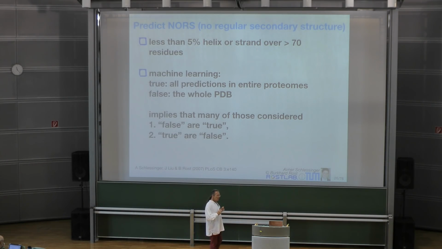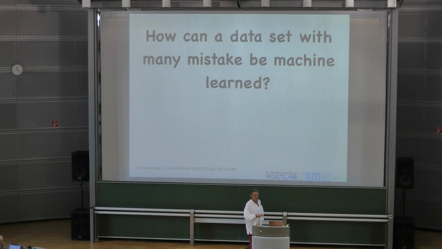So in training this device, we make many mistakes. My training set already contains mistakes, and nevertheless, it works like a charm. This device can learn to predict Norse-like loopy things of 30 residues, and can distinguish between 30 residue loops that are disordered and 30 residue loops that are regular structure.